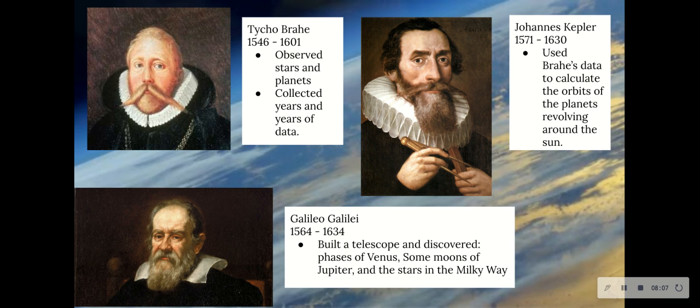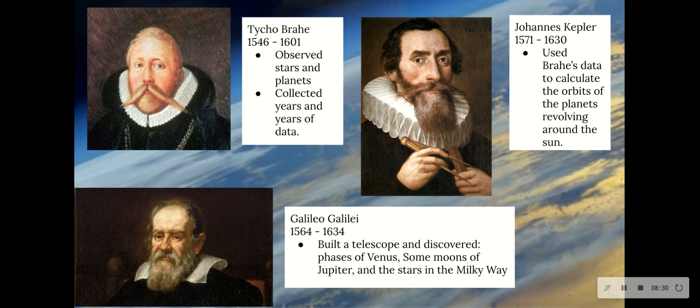But a few years after Tycho Brahe died, some people say that his mustache had some chemicals on it, which made him breathe in those chemicals, which made him die. Some people say that Johannes Kepler killed him. So that's a big controversy.